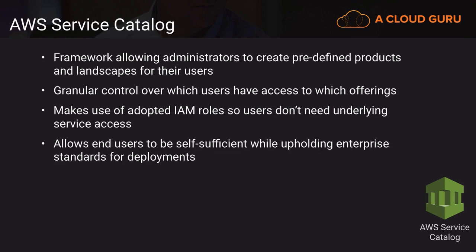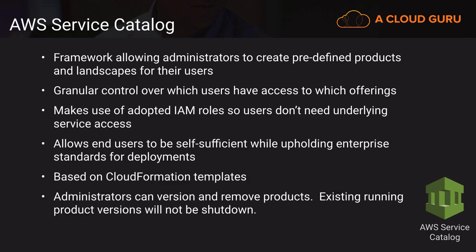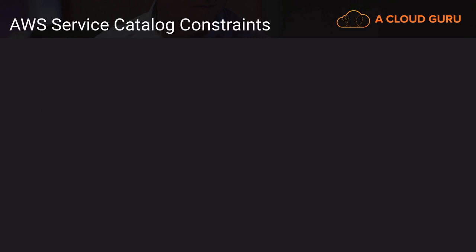Now, it really allows the end users to be self-sufficient, and it also allows us to uphold certain standards for deployment. The deployment templates are just CloudFormation templates. As administrators, we can version or remove products from the portfolio, but existing products that have already been deployed won't be shut down. Now, Service Catalog uses something called constraints to control how those products can get consumed.